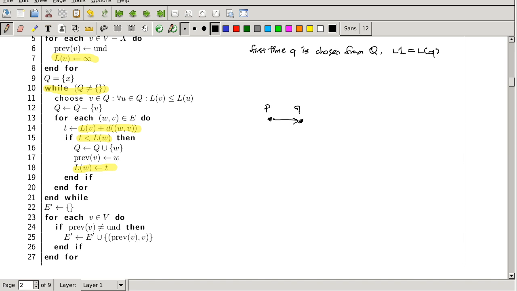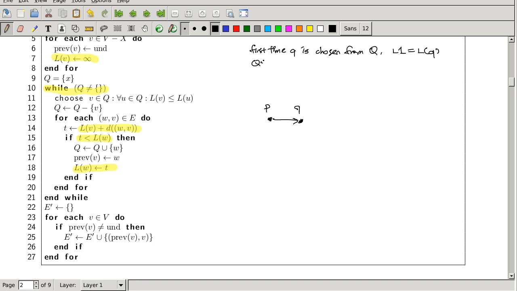We're just freezing that particular value and calling it L1 so that we can refer to it later.